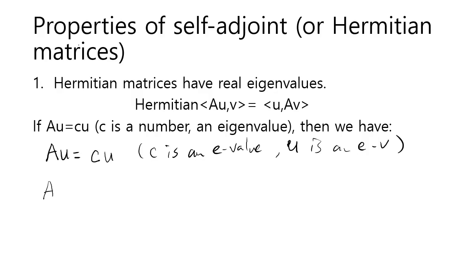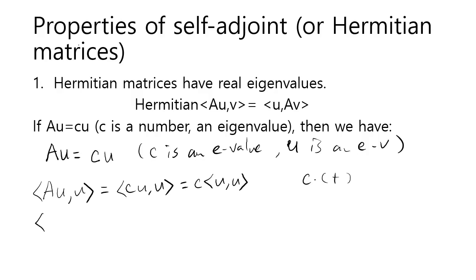Well, think about (AU, U). This is the same as C times (U, U) because of our assumption here. And because it's linear in the first one, C can come out. And notice that since eigenvectors are never allowed to be zero vectors, this is really C times something positive.